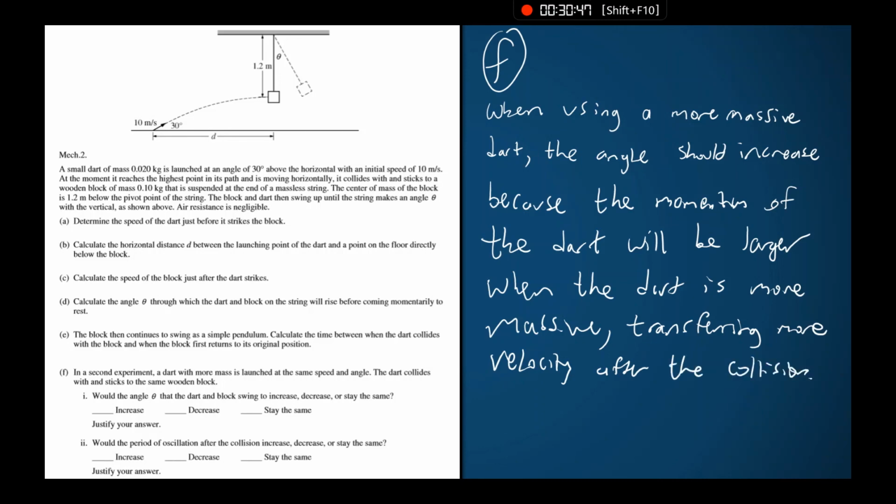Okay, does that make sense? We have a greater speed after the collision because we had more mass. So when we conserved our momentum from the dart into the dart-block system, we ended up with more velocity. Okay, that was part A.